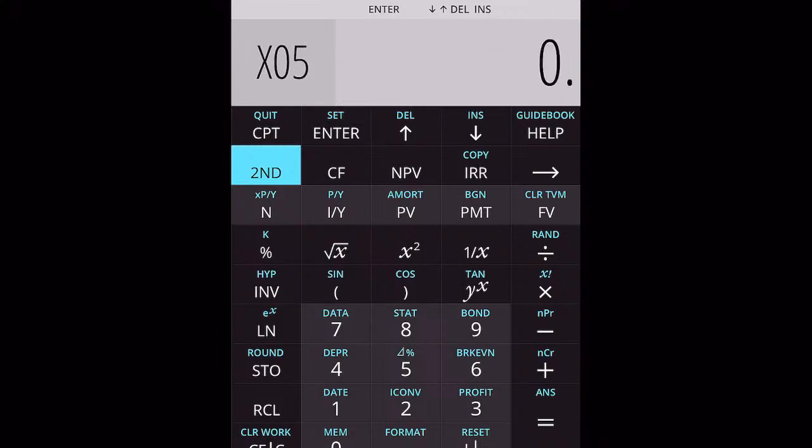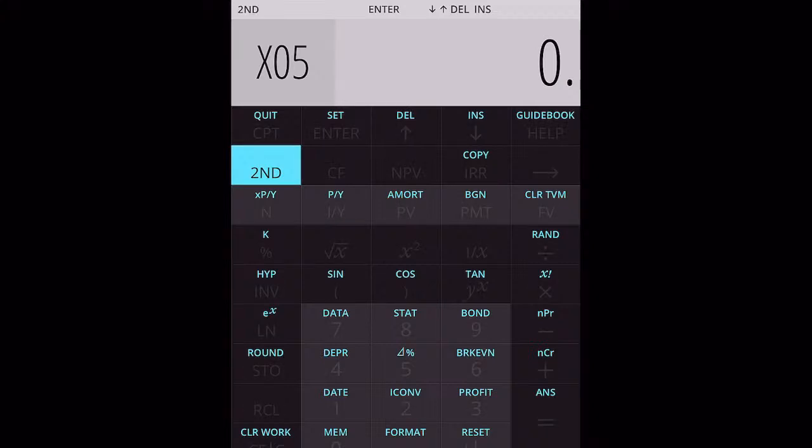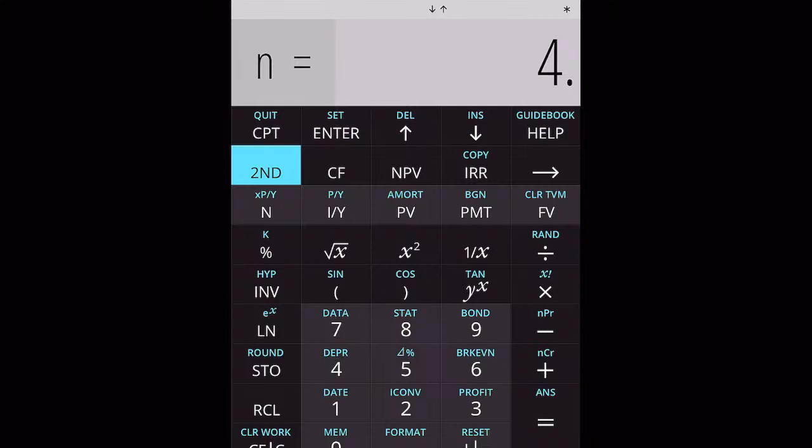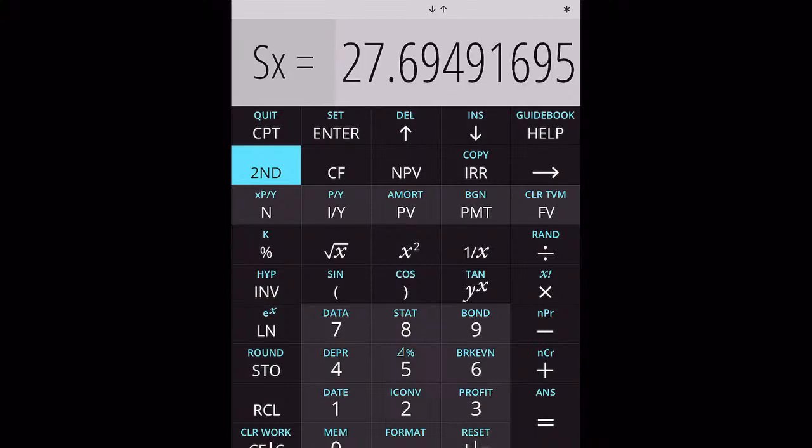And then ask for the results. Hopefully I entered everything correct. And I want the standard deviation, 27.69. You see? Yeah, good. So you can enter them as whole numbers into this calculator.